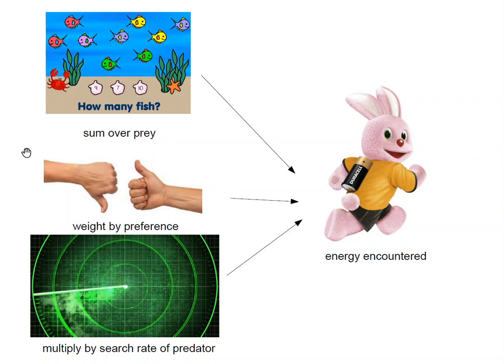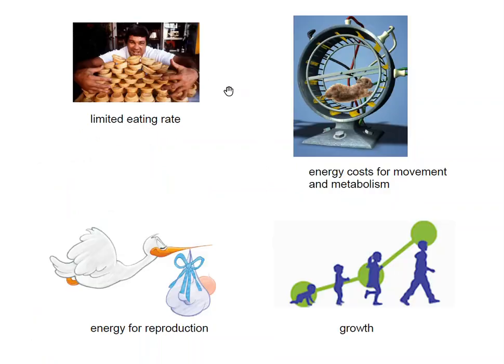We add up over all the different prey, add up over their abundance, but we weight it by how much preference the predator has for eating such prey. And we also take account of the volumetric search rate of this individual, this predator. And that tells us how much energy our individual has to use.